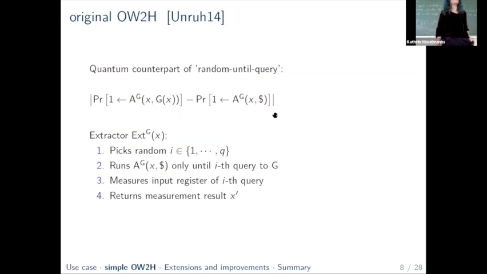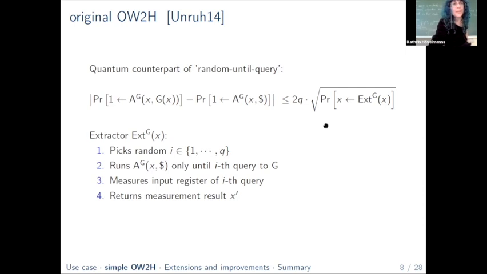So after the ith query has been issued, A is just aborted because we don't even need it anymore. And what original one-way to hiding states is that the distinguishing advantage of A in those two scenarios can be upper bounded in terms of the number of random oracle queries, this is Q, and the probability that the extractor answers with x.